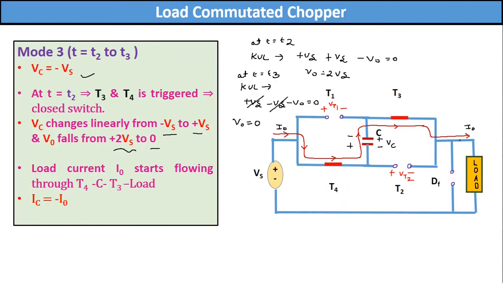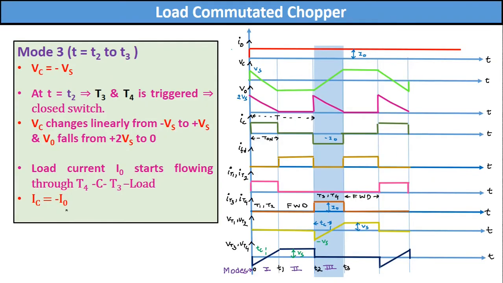Now the load current is flowing in this direction. Now in this mode of operation, what happens? The capacitor current will be equal to minus I naught, because now the capacitor voltage has changed its polarity. So the capacitor current will be equal to minus of the load current in this third mode of operation. Now let us see the output waveforms quickly. This is the shaded area which shows the mode 3 operation.